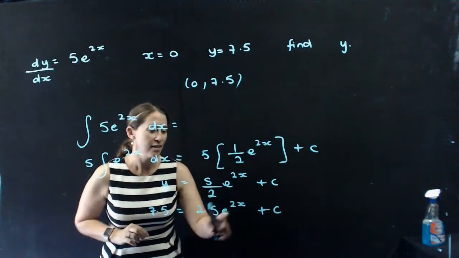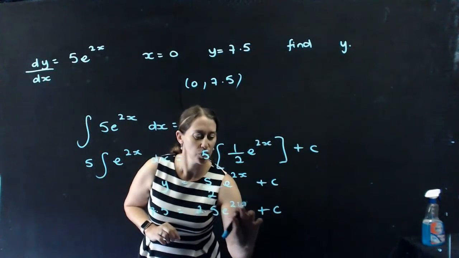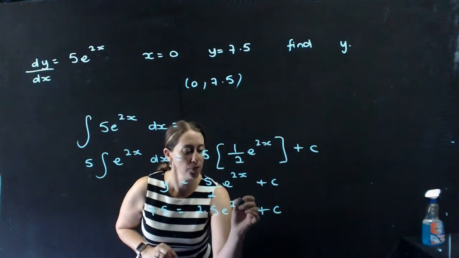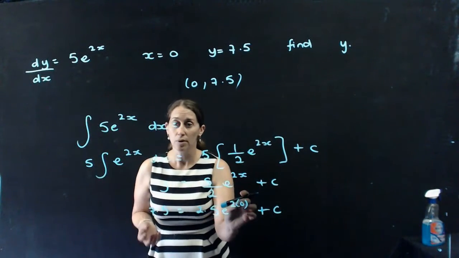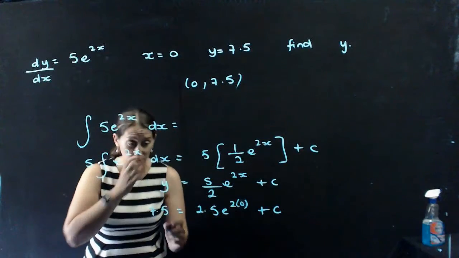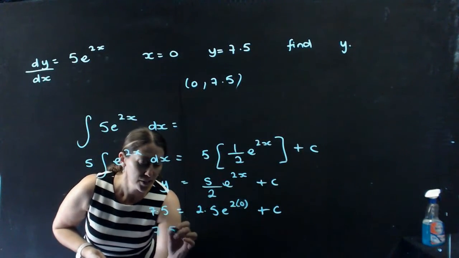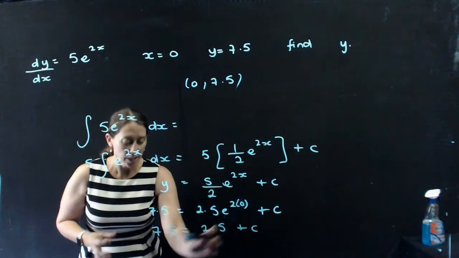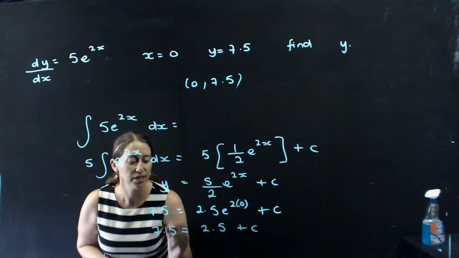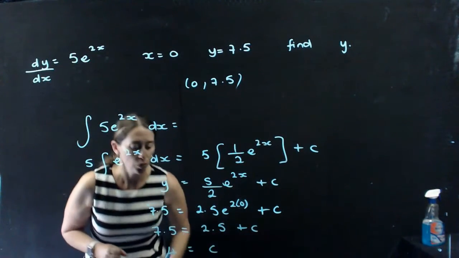Apologies, I didn't put 0 in there, so let's just put 0 in there. 2 multiplied by 0 obviously gives us e to the 0. Well, e to the 0 is 1. 1 multiplied by the 2.5 is 2.5, so I get 7.5 equals 2.5 plus c, and all I've got to do is subtract the 2.5 from the 7.5 to give me that c equals 4.